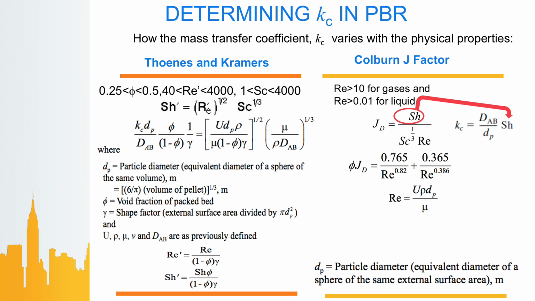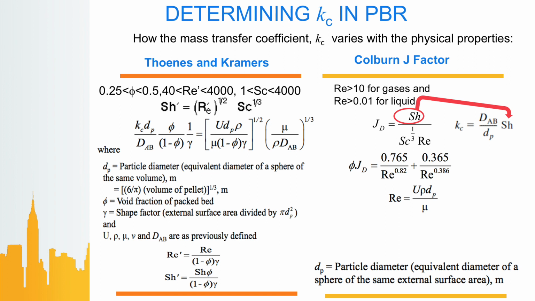If your catalyst shape is not spherical, maybe it's a cylinder or pyramid, then you need to apply the formula for dp, which is 6 over pi times the volume of the pellet to the power of 1/3. Then only can you use dp in the equation. And then gamma, the shape factor, for spherical is equal to 1.